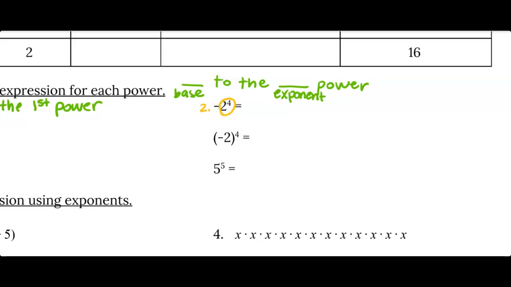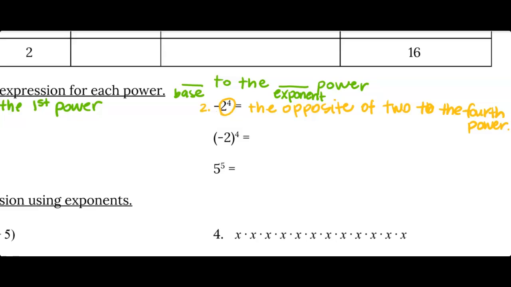And so when we write that in words, instead of writing negative 2 to the 4th power, we're going to write the opposite of 2 to the 4th power.